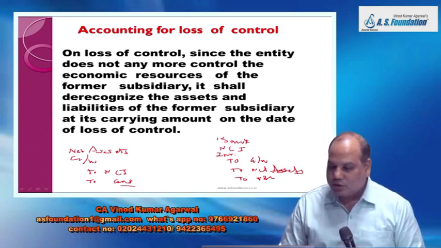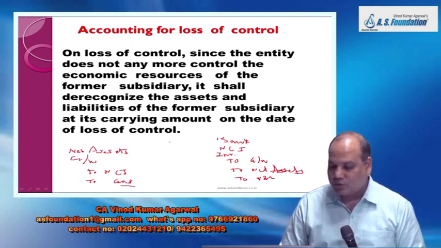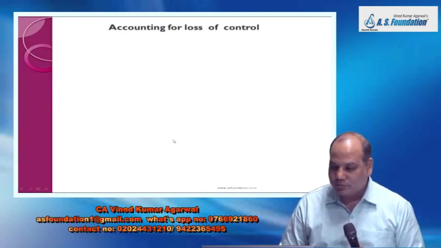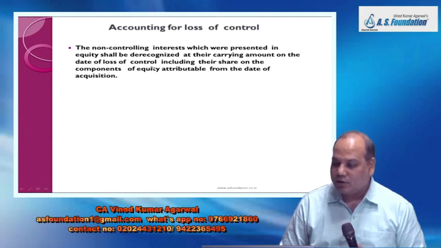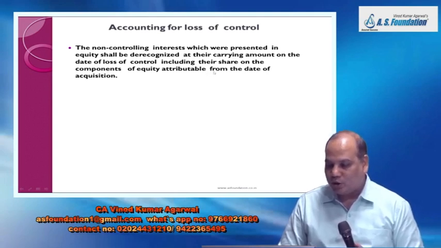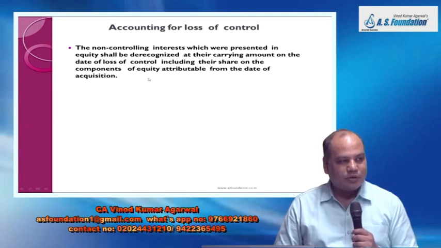On loss of control, since the entity does not anymore control the economic resources, it shall de-recognize the asset and liability of the former subsidiary at its carrying amount on the date of loss of control. The non-controlling interests in equity shall also be derecognized at their carrying amount on the date of loss of control, including their share of the component of equity attributable from the date of acquisition.